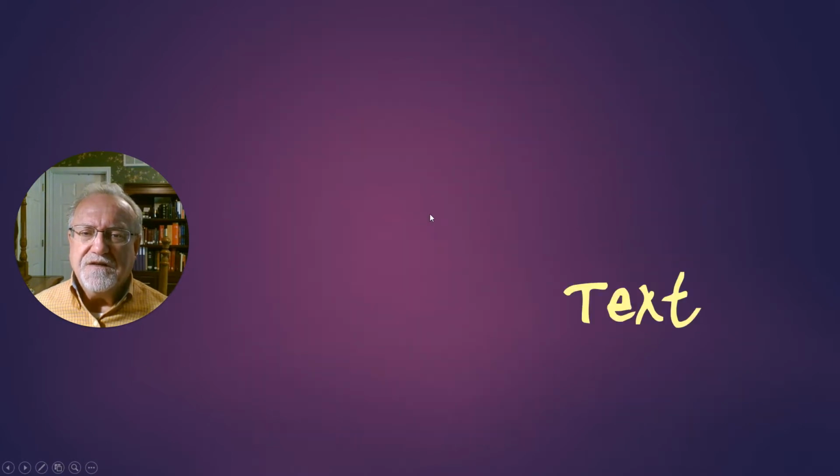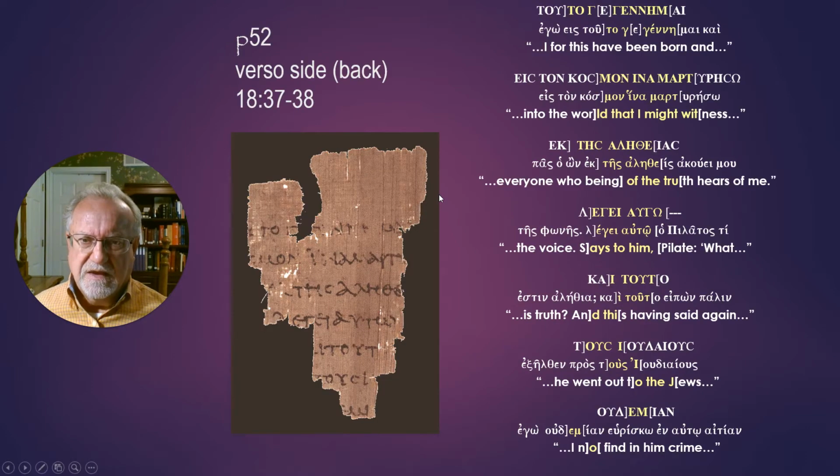In this introductory area, I want to talk first of all about the text of the Gospel of John, which comes to us from the early manuscripts of the Greek New Testament. The earliest manuscripts of the Greek New Testament all are produced on papyri or papyrus sheets, which is a kind of an early form of paper, I suppose you could say.